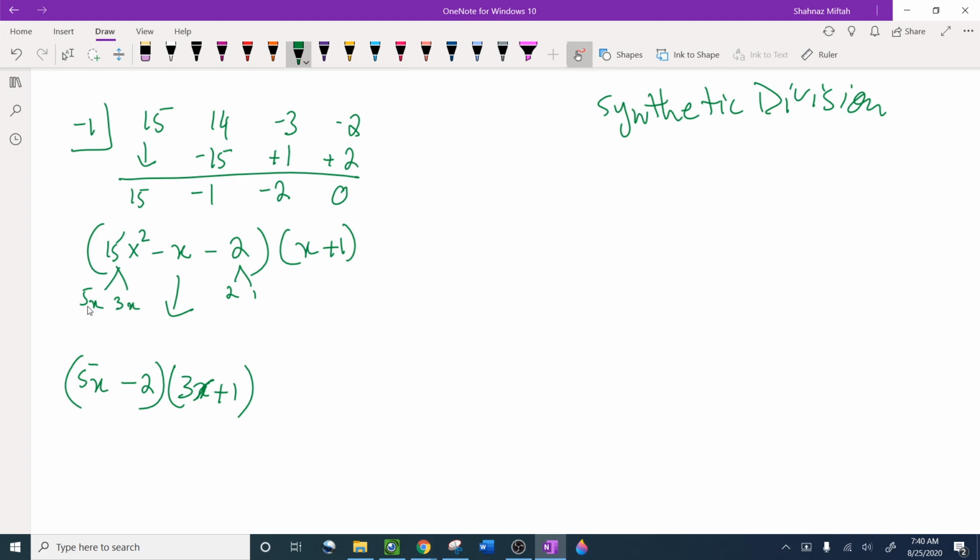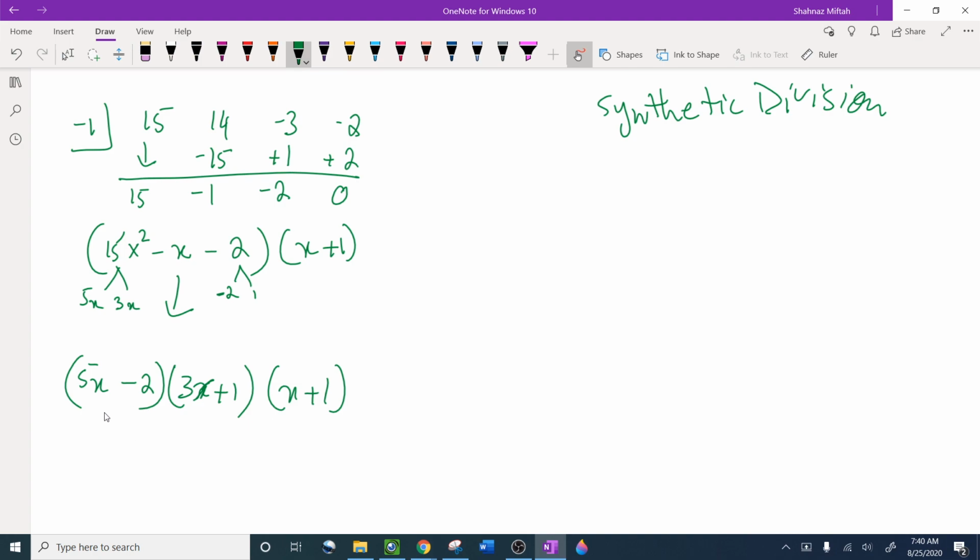You just pick, like 5x goes with 2, 3x goes with 1, or probably -2, or probably -1. But you have to do it in your head. If you FOIL this, am I getting back this? I already did this FOIL in my head and I am getting this, so which means I'm okay. And the other factor that we had was x plus 1, which I wrote down right here.